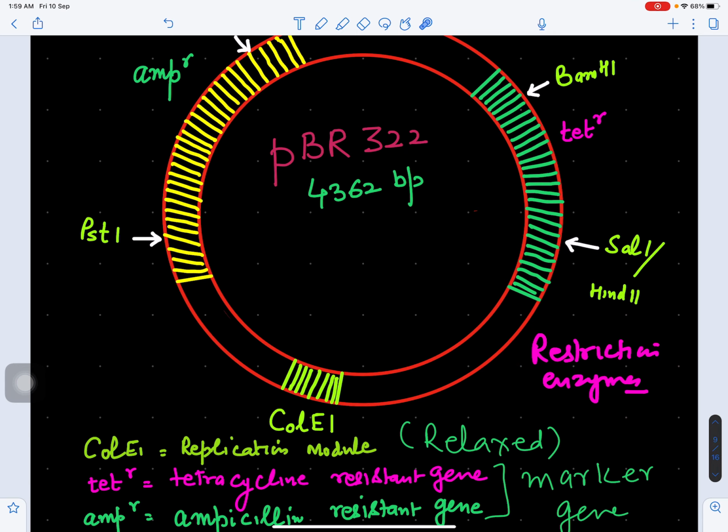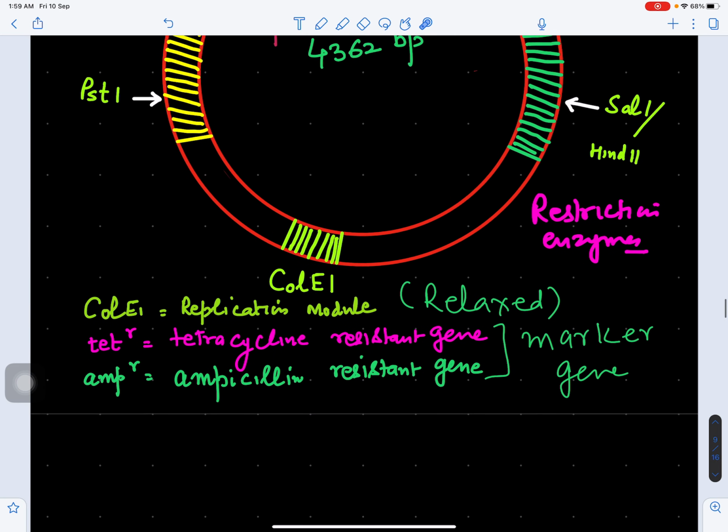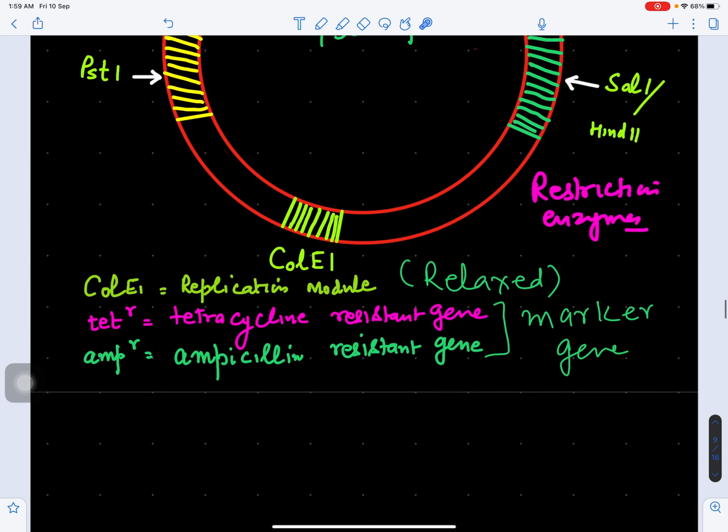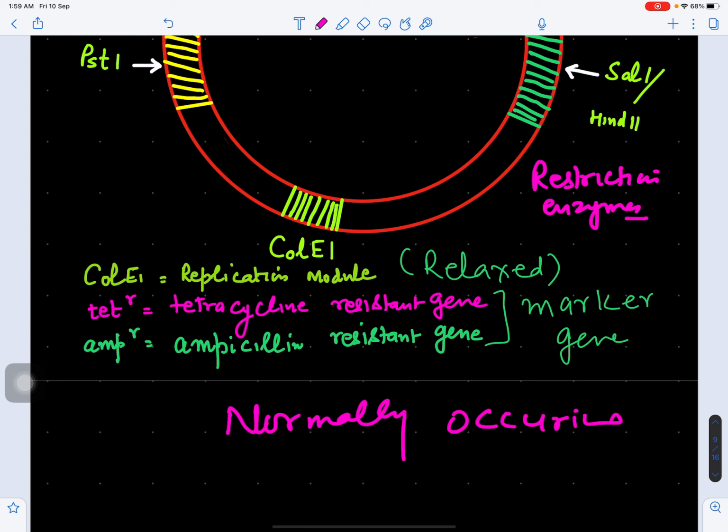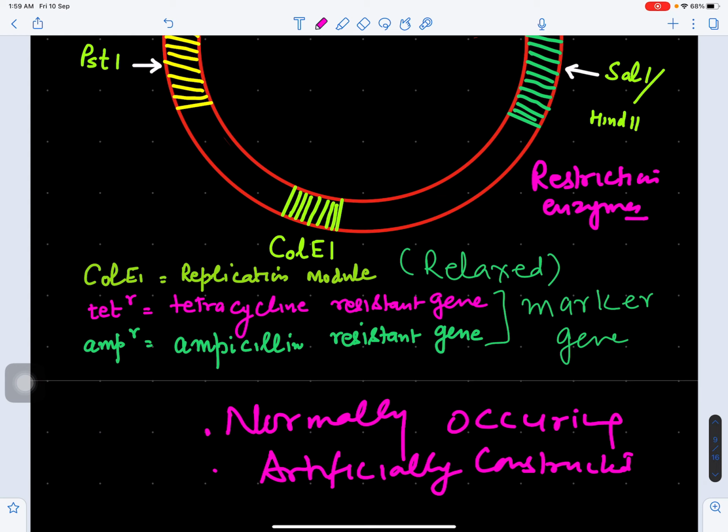So this is about pBR322. These are different kinds of plasmids which we have discussed: normally occurring plasmids and artificially constructed plasmids for genetic engineering. So this is all about plasmids used as vectors for genetic engineering.